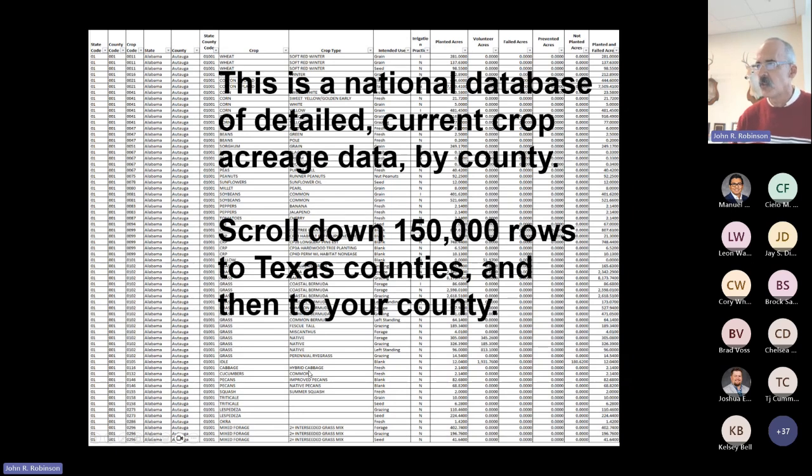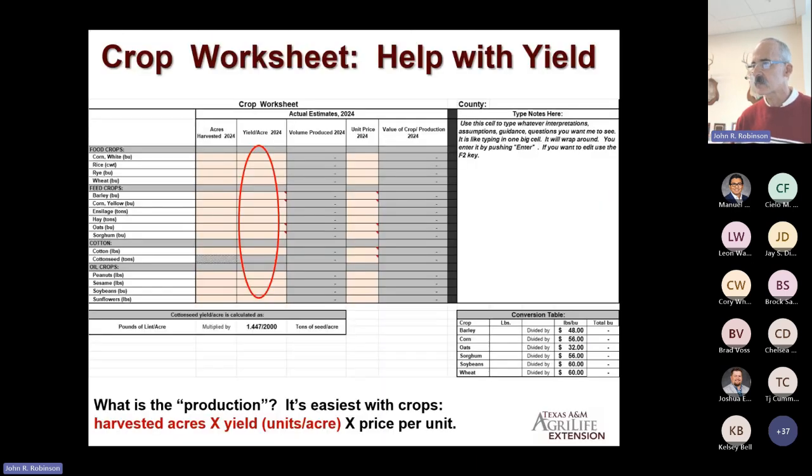That would make you the expert by default just by glancing at it, because nobody else probably even knows it's here. But anyway, this would be an excellent source for the increment report calculations, and that'd be the kind of stuff that you put in this first tan column that says acres, some estimate of harvested acres, at least of the major crops.